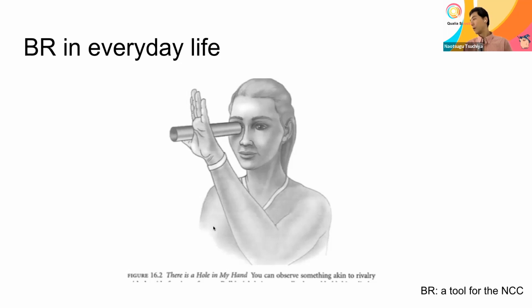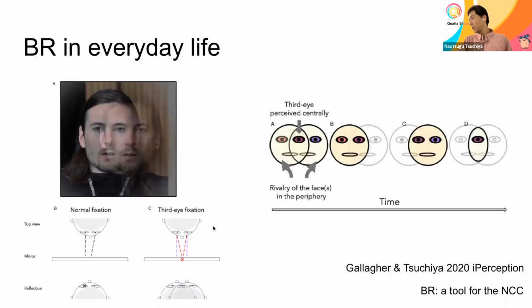This one is recommended for those who couldn't get that floating finger illusion. Also, this is something that we discovered relatively recently. If you stand in front of a mirror, and it's a bit of a meditative kind of practice, just focus one of the two eyes into the center so that you see three eyes in front of you, then this also induces binocular rivalry in natural vision.